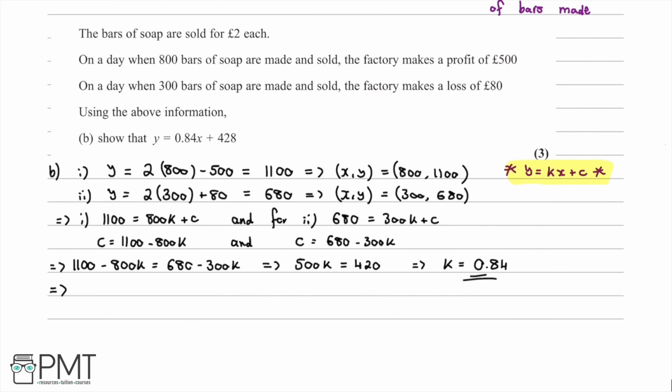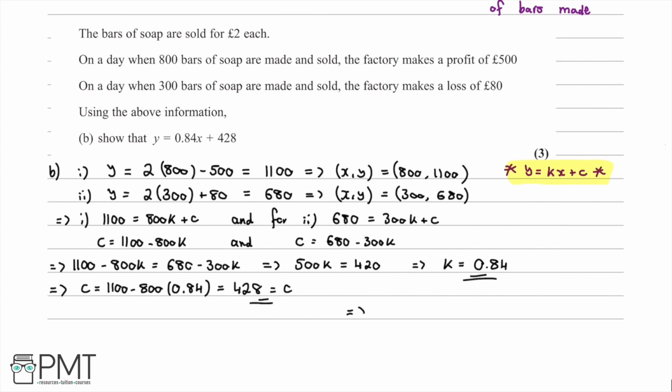So we take this equation here, and then we have that c is equal to 1100 minus 800 lots of k, and we've just worked out what k is. So we substitute that in and have 0.84, and then putting that into our calculator, this comes out as 428, and that is equal to c.